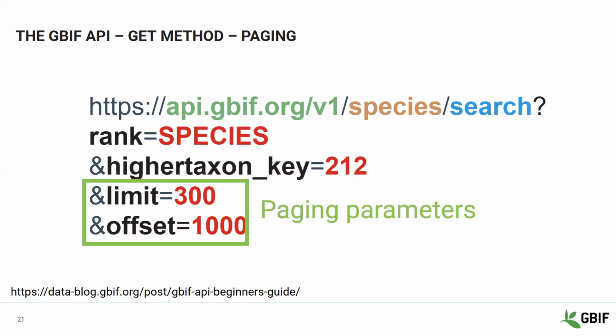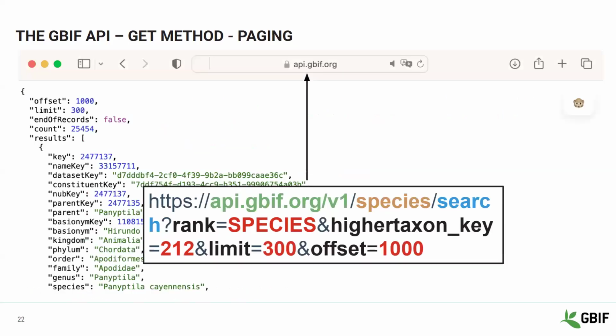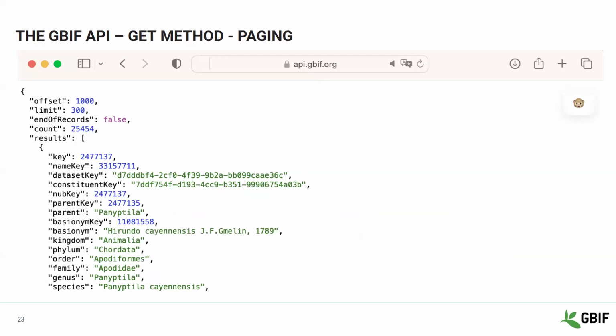So here, if you see, it says that limit is 300 and offset is 1000. So what it tells is basically give me only 300 and start from record 1000. You will have to add it in the query, that limit and offset, and then once you have those 300 records, you can process those and then fetch next 300 records. So that is how the pagination works.